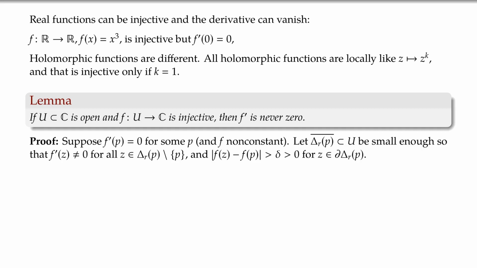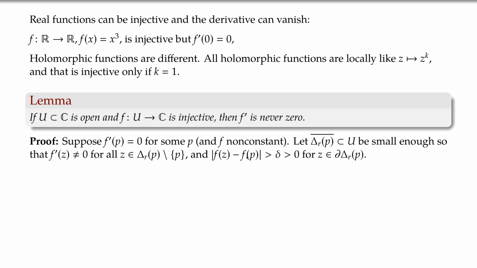Because at P it does vanish, but let's suppose that it does not vanish anywhere else, and we can do that. It's non-constant, so f prime cannot be identically zero. And furthermore, we have that f is non-constant.